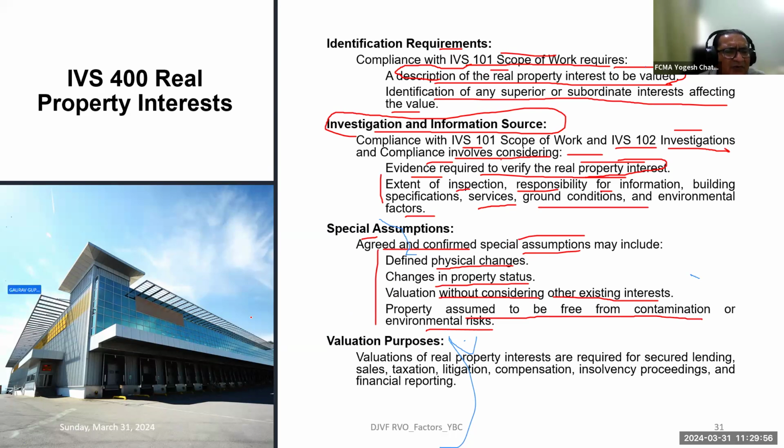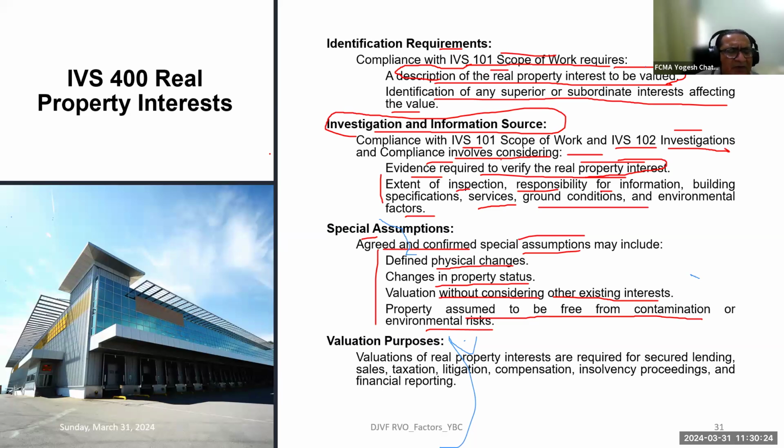One is assumptions which are part of the appointment terms and conditions, and the second type is assumptions made by the valuer to arrive at the estimate of value. There are certain assumptions which are part of the contract of a valuation assignment.